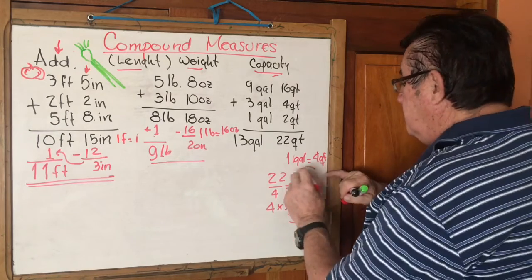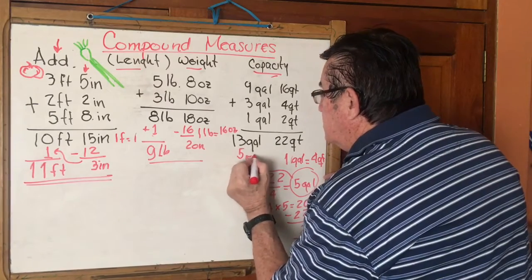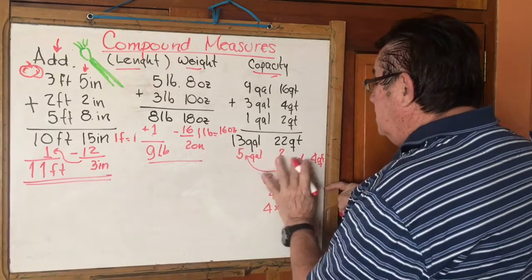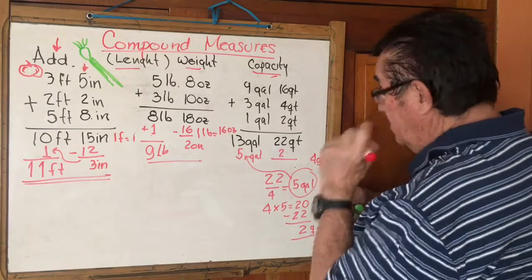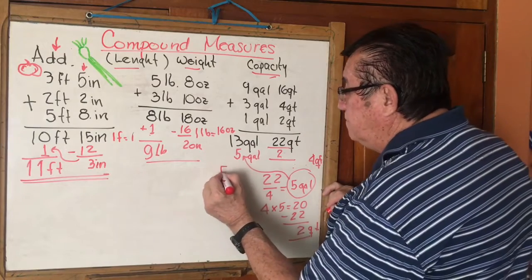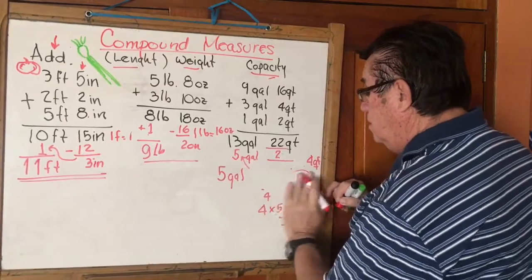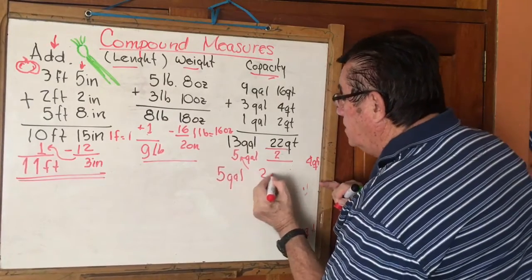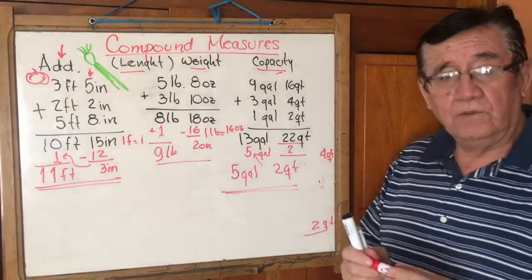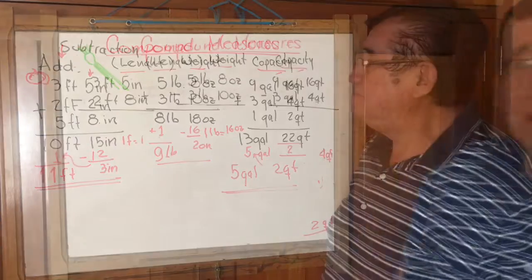So I have 5 gallons that I have to add here, 5 gallons, and I have 2 quarts that will be remainder. So my final answer will be 5 gallons and 2 quarts. So this is the way we can add length, weight, and capacity.